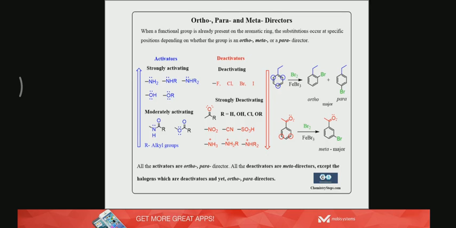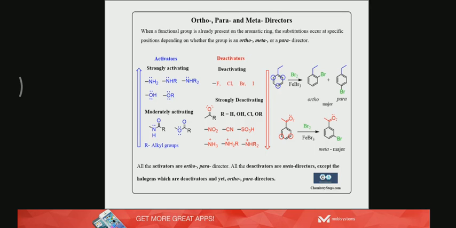Whereas the other set of groups, deactivators, here the functional groups are electron withdrawing, so that they reduce the electron density of the benzene ring. So you might remember the mechanism of electrophilic aromatic substitution reaction, where the first step is attack of the electrophile on the ring. So the electrophile is looking for an electron rich center.